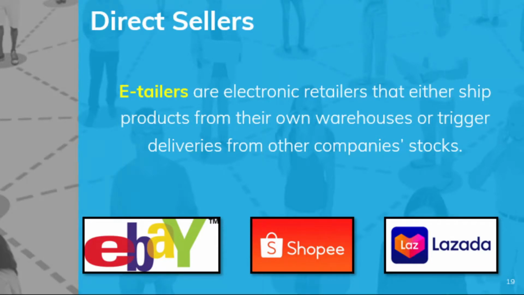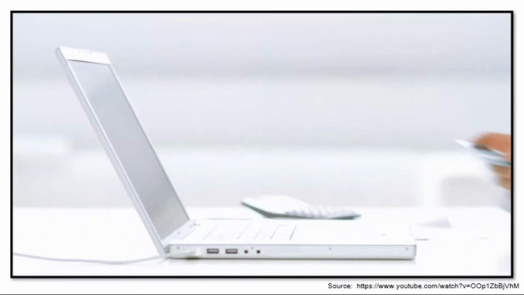Okay. Some of these e-tailers don't really have their own stocks. Okay, that's why in our description they trigger deliveries from other companies. Okay, so to give you an idea what e-tailers are, let's look at this video presentation.